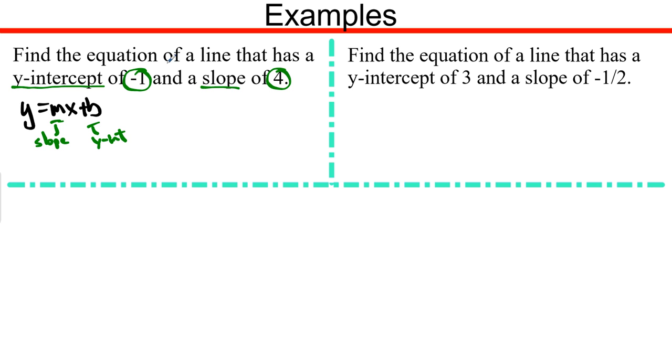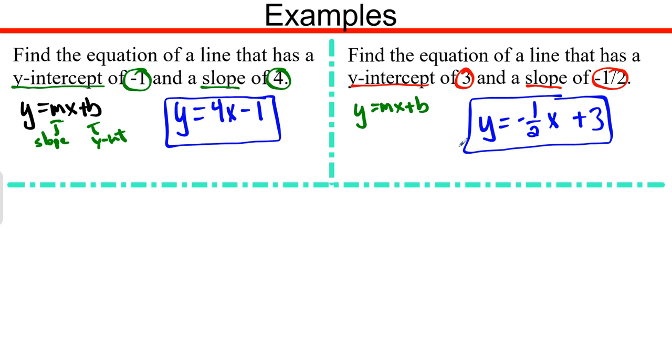They give both of those values here, so simply plug them in. We have y equals, what was our slope? 4, so 4x. And what was our y-intercept? -1. There you go. Easy peasy. Now it's your time to be amazing and try the one to the right. Go ahead and pause this video, please.